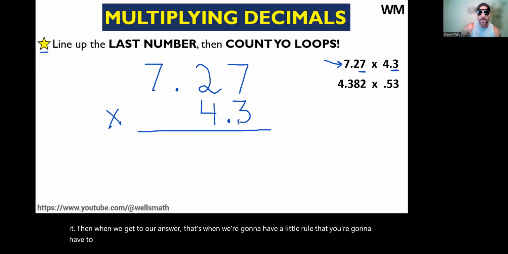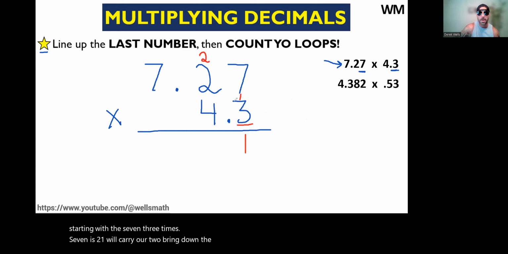So we're going to take our 3 and multiply it times everything on the top, starting with the 7. 3 times 7 is 21. We'll carry our 2, bring down the 1. 3 times 2 is 6, plus 2 more is 8.